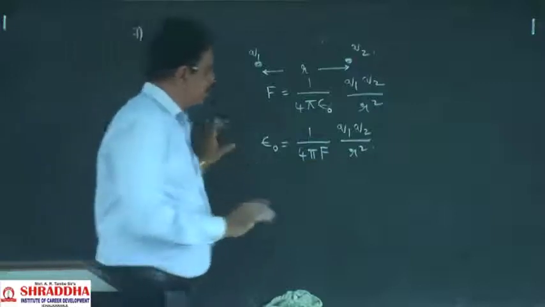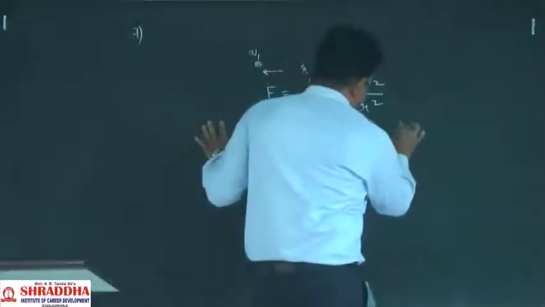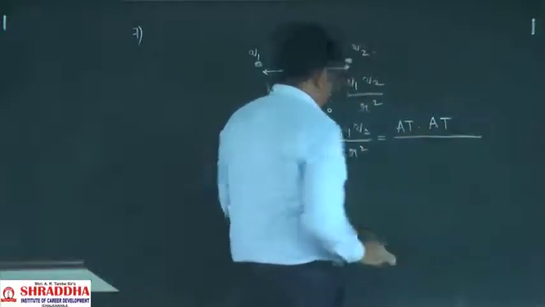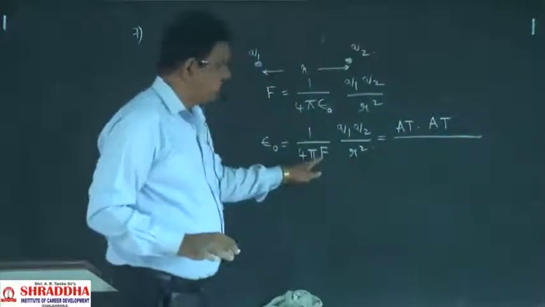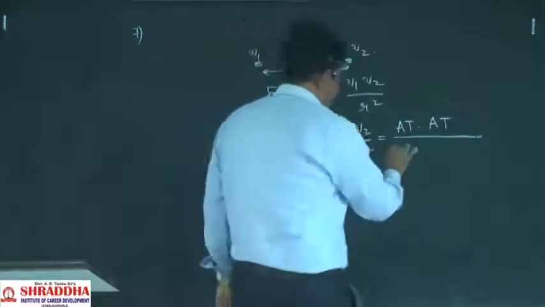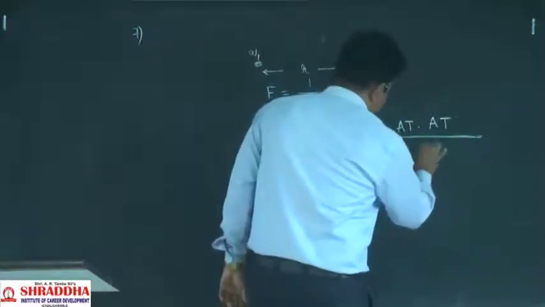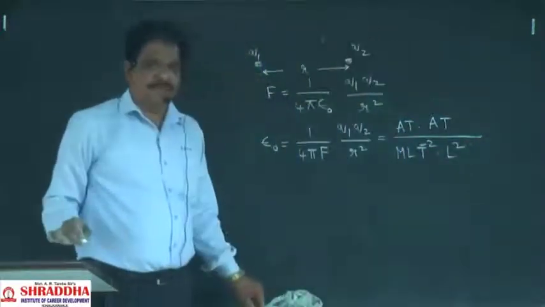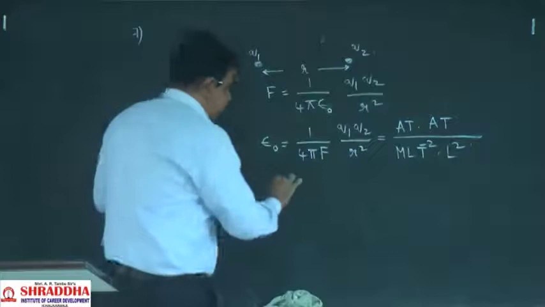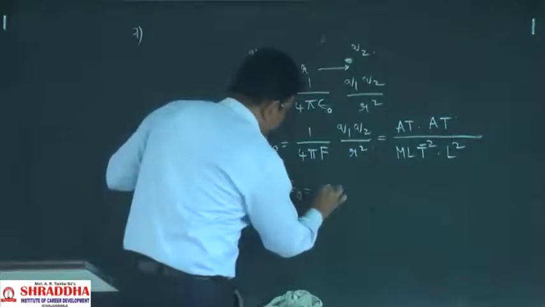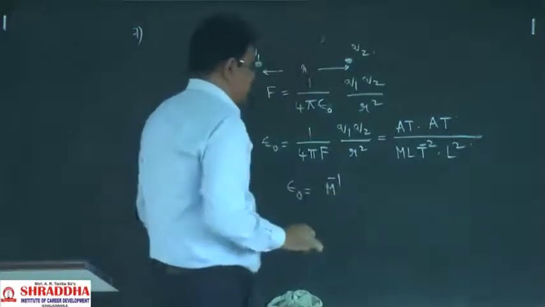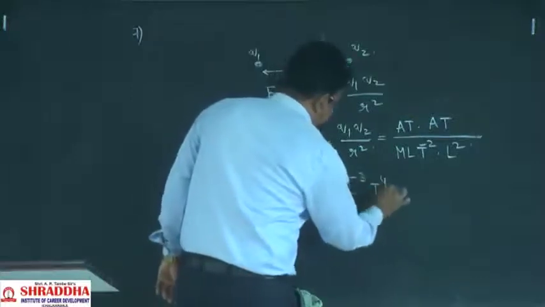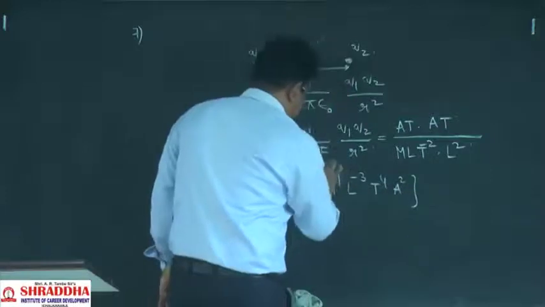You will get the answer here. This value will be A T. F value is M L T power minus 2 into L square. Okay, then epsilon naught is equal to M power minus 1 L power minus 3 T power 4 A square.